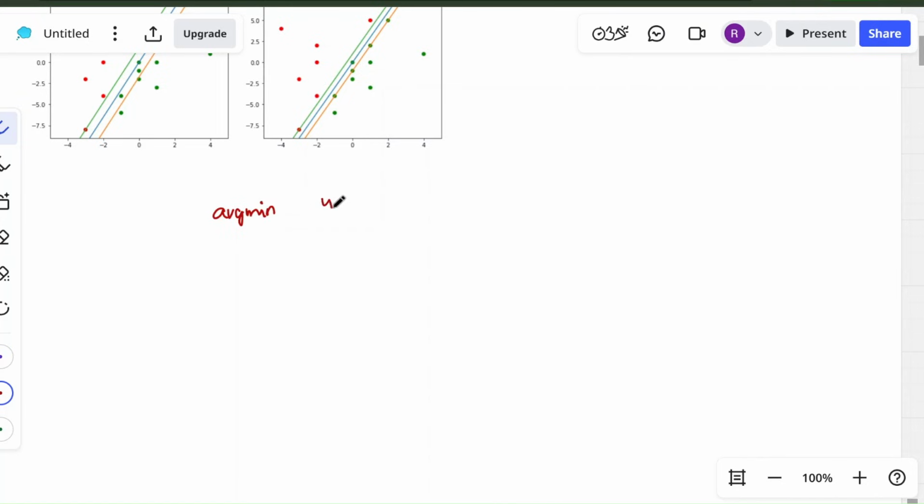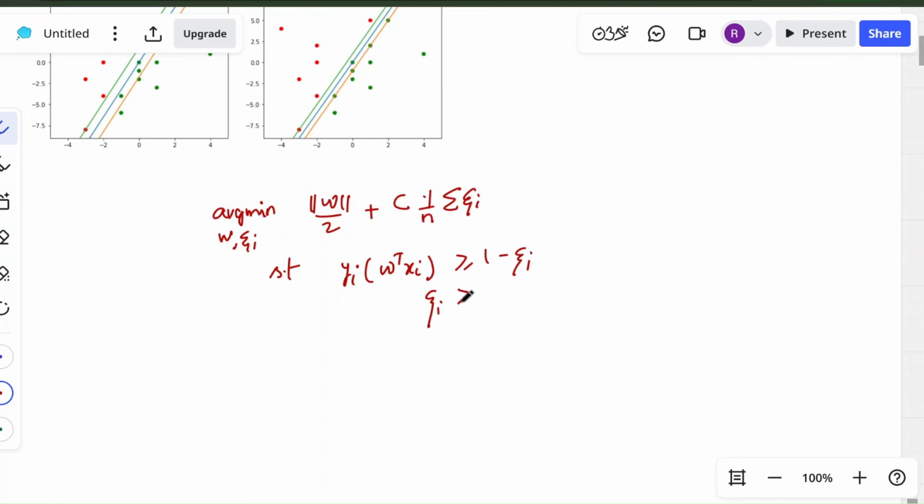You have to minimize norm W by 2 plus C times 1 by n summation zeta i, over W and zeta i, such that yi times (W transpose xi plus b), I can add b or else ignore b, doesn't really matter, is bigger than or equal to 1 minus zeta i, and zeta i is bigger than or equal to 0.